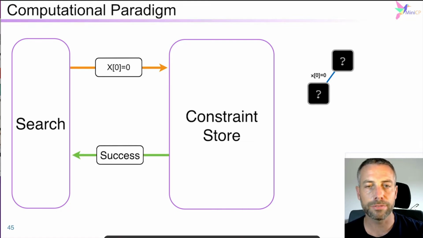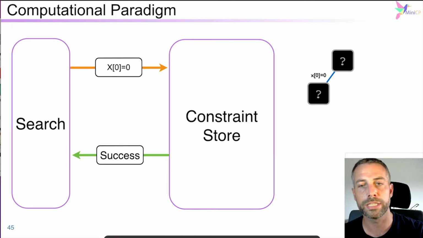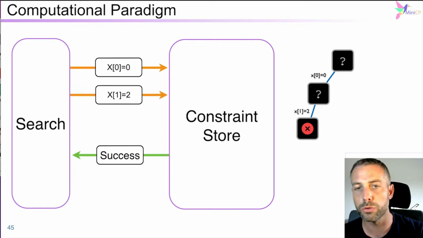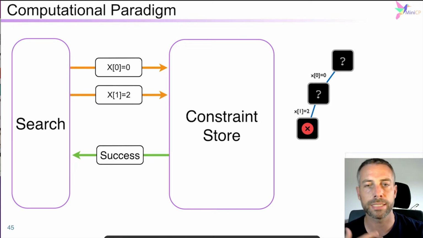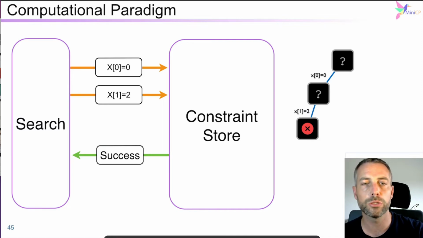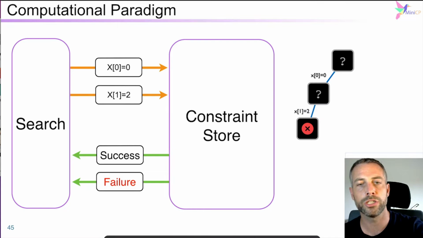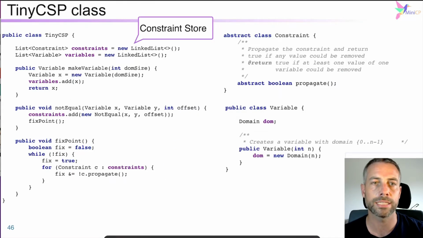In case of success, the search needs to take more decisions. For instance, x1 equal to 2, and again, the fixed point algorithm will be executed and so on. If there is a failure, such as in this case, you need to backtrack. And the constraint store will communicate to the search that it needs to backtrack.